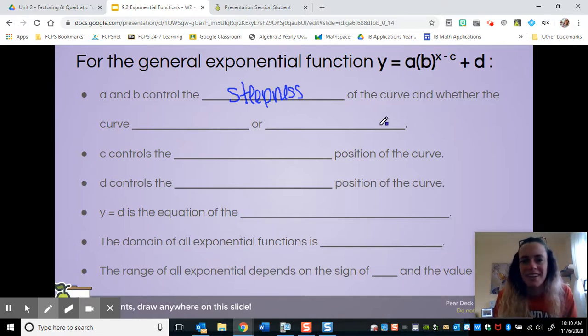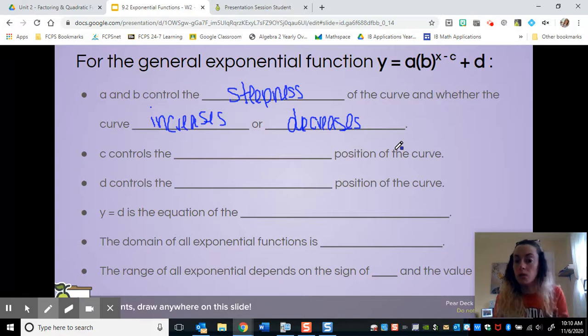It also controls whether the curve increases or decreases. So it controls, we've seen with B, especially, whether it's a growth or a decay, where you can say that it increases or decreases.